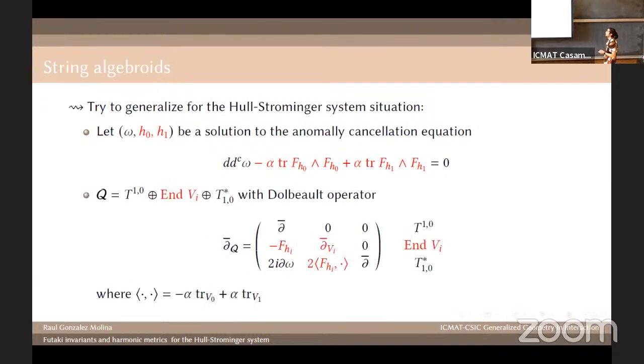Then we can add to the previous bundle a factor given by endomorphisms of the holomorphic vector bundles I fixed. Then I can choose some fancy terms here in the Dolbeault operator. And now the anomaly cancellation equation amounts to this new Dolbeault operator being integrable. So this is again holomorphic. And this term is inspired by the anomaly cancellation equation.